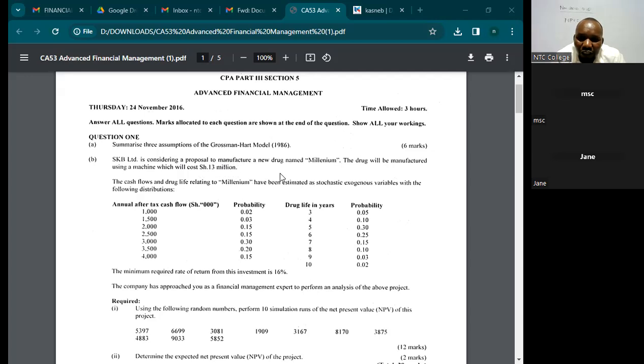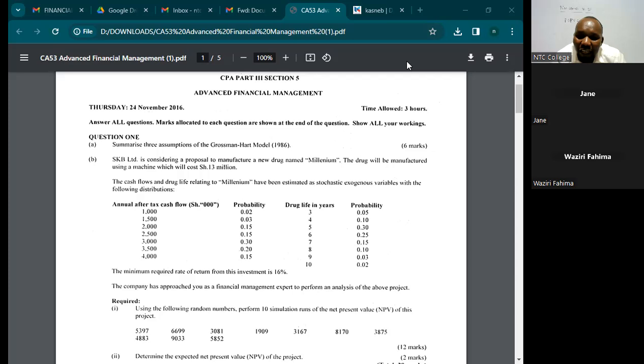We know that that drug will generate some income. We also know that the machine that will manufacture that drug must be costing some money. Therefore, they should give you the initial cost of the machine and also the revenue that the drug will give.